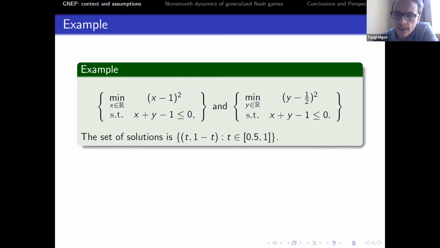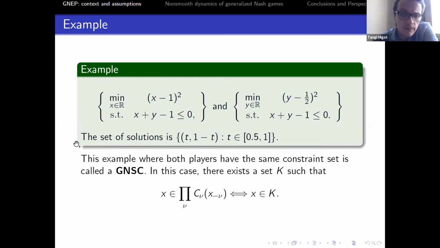And this problem is very specific because you can see both players have the same constraint set, and this is what we will call a GNSC, a generalized Nash game with shared constraints. So it means that there exists some set K that both players are sharing.